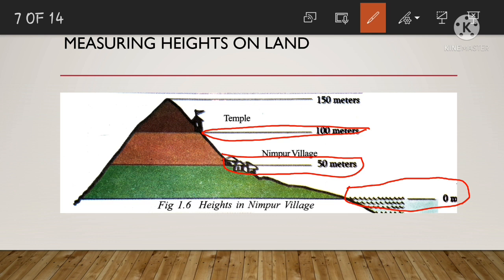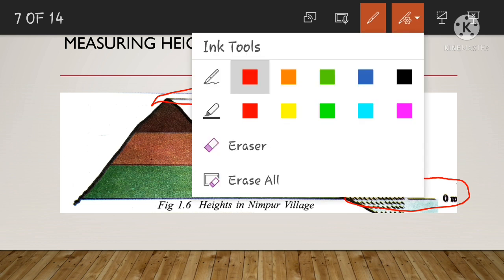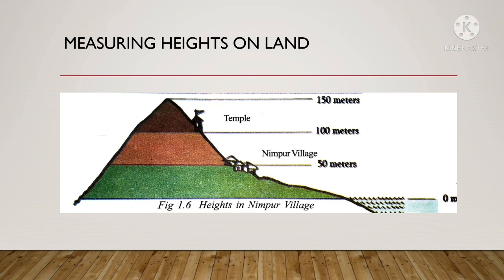And the top of the hill is 150 meters above the sea level. This is how we measure heights on land.